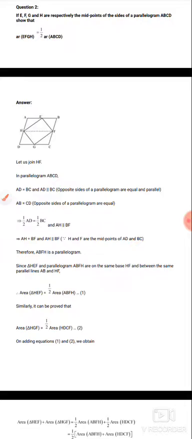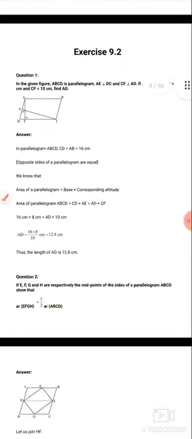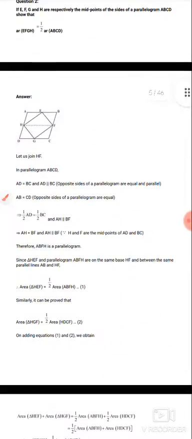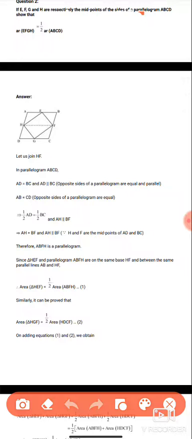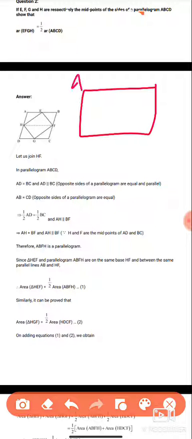Now if this is a parallelogram, consider only ABFH, that is A, B, F and H. In this we have a triangle, triangle HEF. This triangle is on the same base, that is HF, and between the same parallel lines, that is AB and HF.